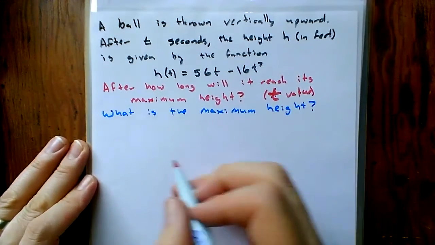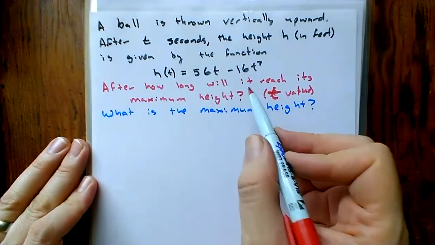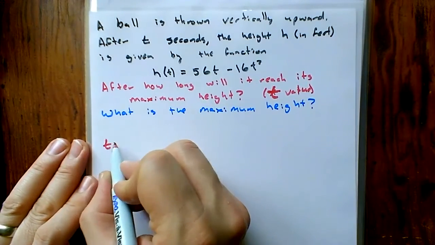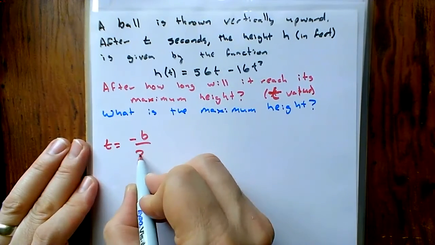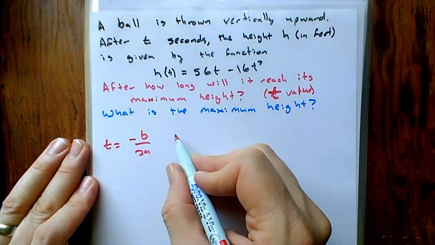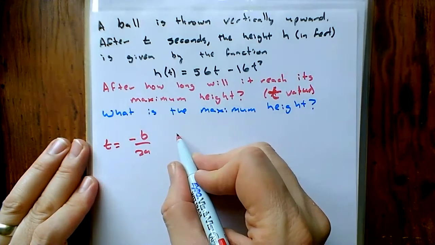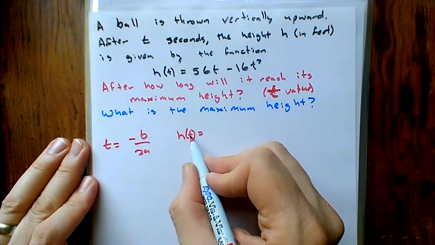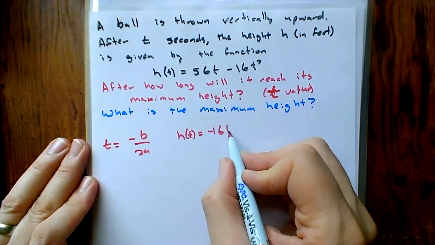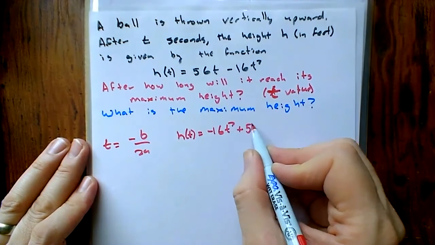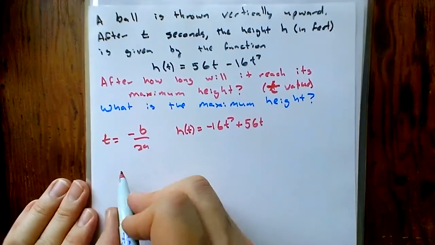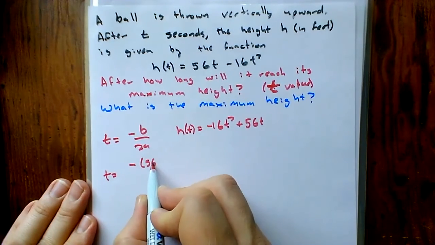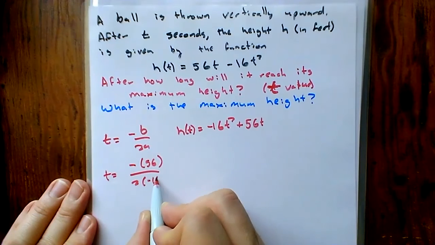But let's go ahead and solve this. All I need to do here is find the vertex. And finding the vertex, remember that t value is going to be negative b over 2a. I'm going to rewrite h of t in order here: negative 16t squared plus 56t. So t is equal to minus 56 over 2 times my negative 16.